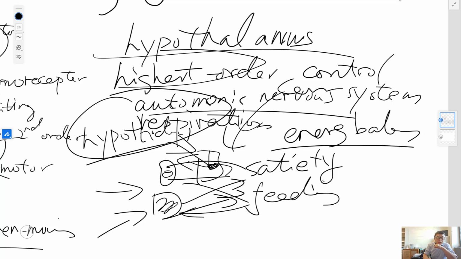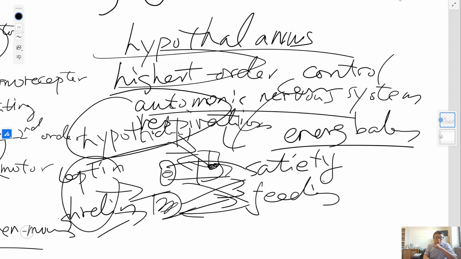Leptin is the satiety signal, telling that you are full. And ghrelin: leptin is secreted by the adipocytes, ghrelin is secreted by the stomach. It's the hunger hormone. Both give signals to the brain, telling the brain to stop eating or to eat. The satiety and the feeding centers are both located in the hypothalamus. And when the hypothalamus is activated, either this one or this one, it tells the body to stop eating or eat.